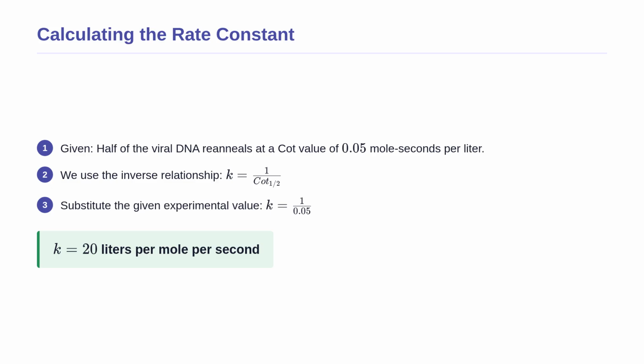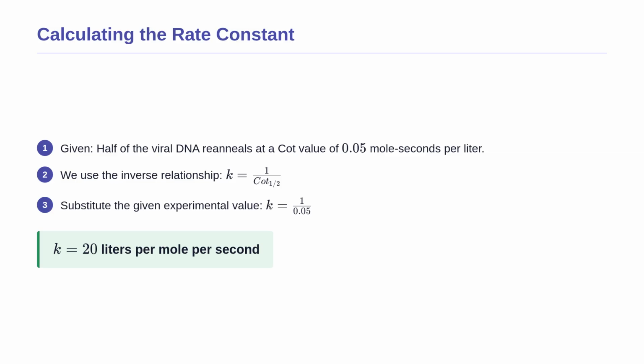We know that the point where half the DNA has renatured corresponds perfectly to the half-COT value. We simply rearrange our formula to solve for the unknown variable k, which equals 1 divided by the half-COT value. Substituting 0.05 into the denominator gives us a final answer of 20 liters per mole per second.